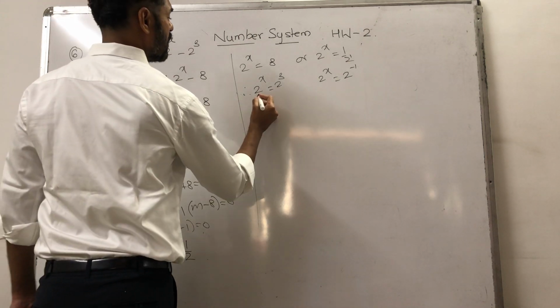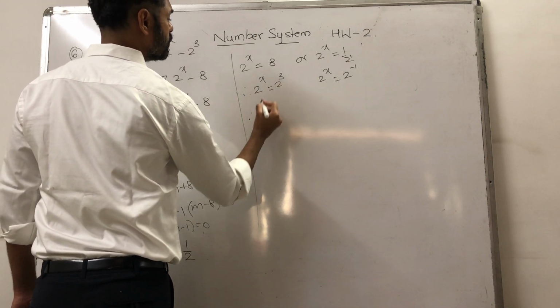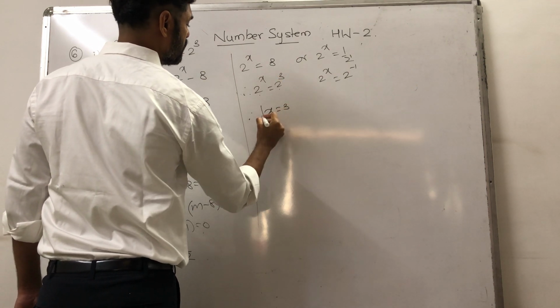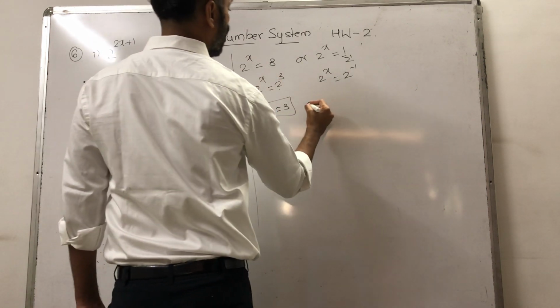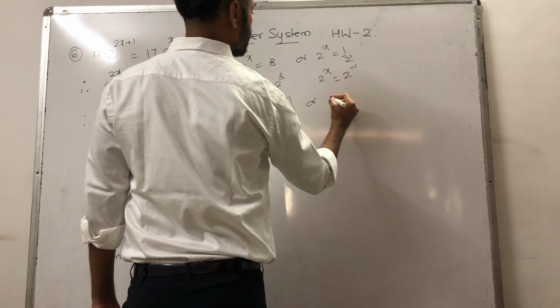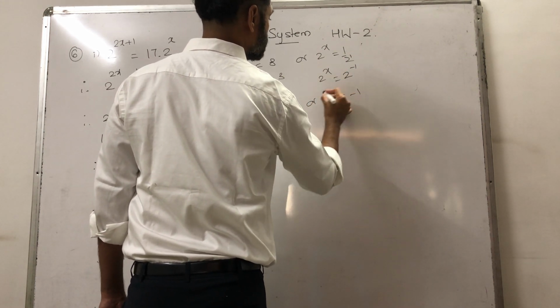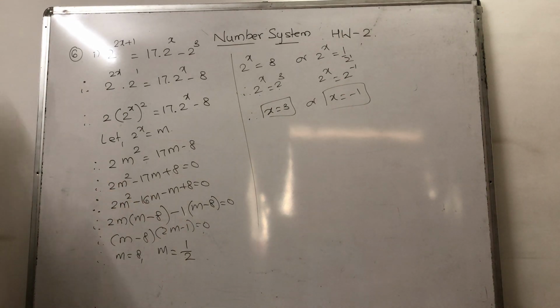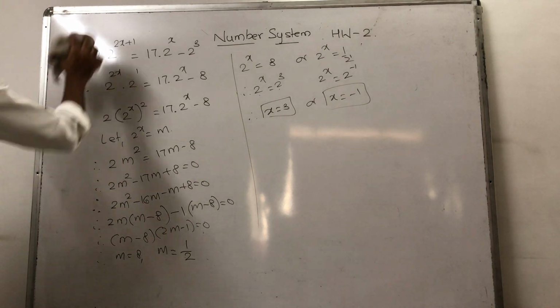Yes. Now if 2 raised to x is 2 cube, bases are the same, you will equate the power, so you get x is equal to 3. Or bases are the same, you can equate the power, x equals to minus 1. So that was the first sum of question 6.